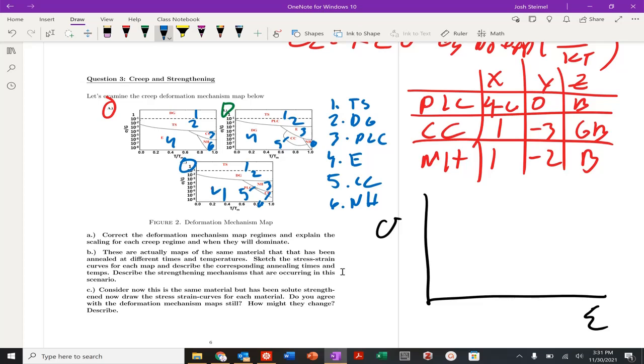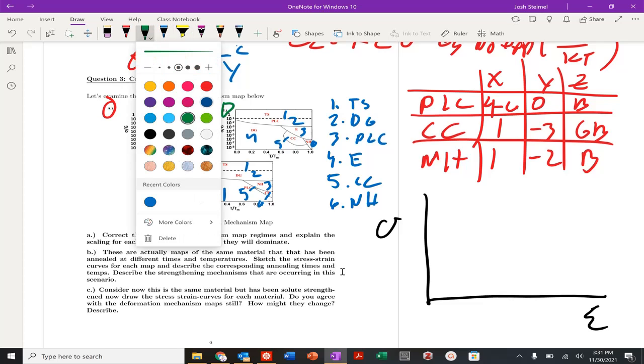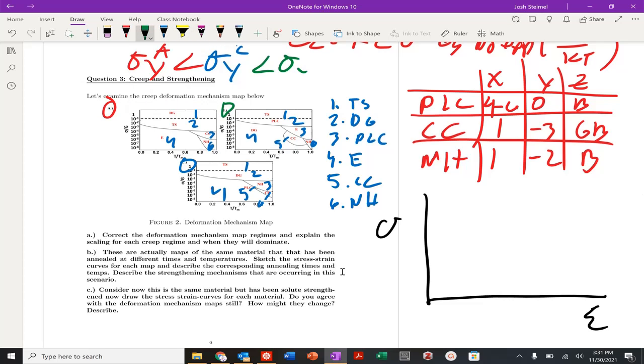You can see here clearly that sigma y of A is the lowest, less than my sigma y blue, or of C, and is less than my sigma y of my B, my green.